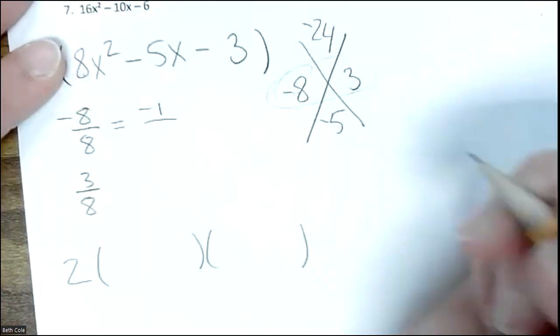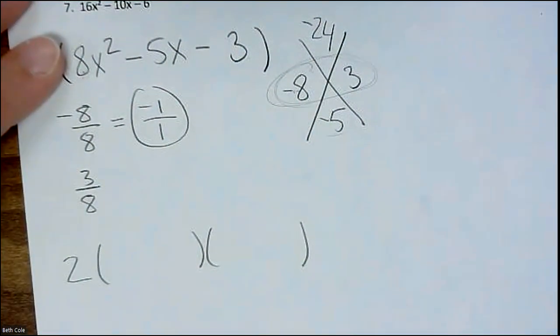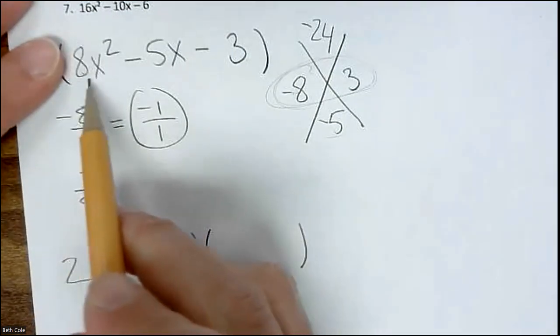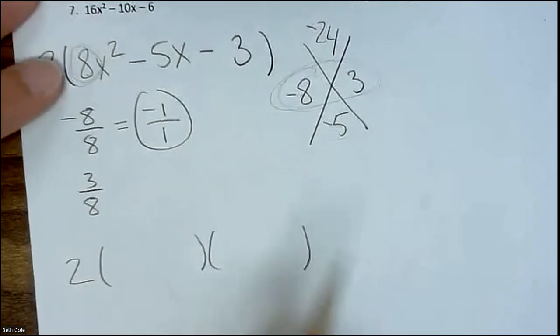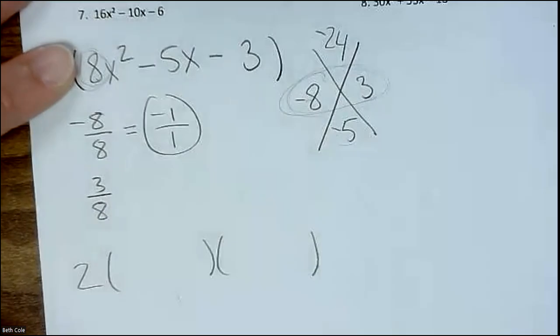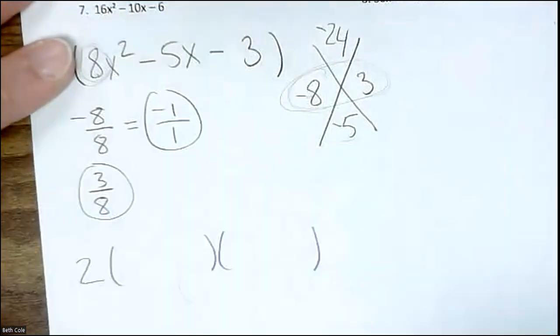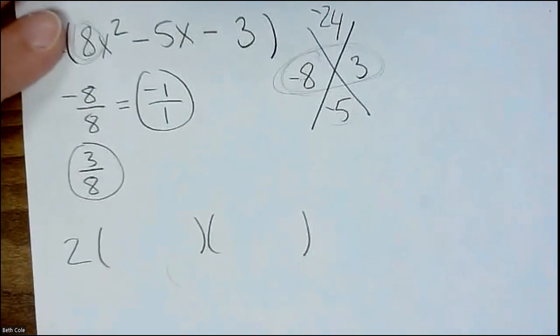Yeah, -1 over 1, which I know is a little weird. Where'd you get the denominator? This right here. That's why what I'll do is put my finger over the 2 and hold that there so I know where I'm looking. And then 3/8 won't reduce any further.